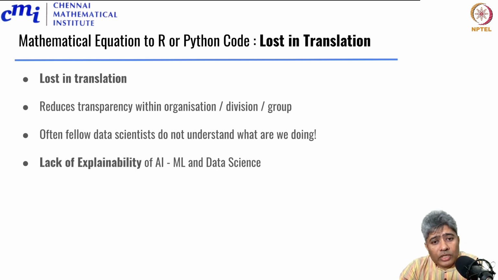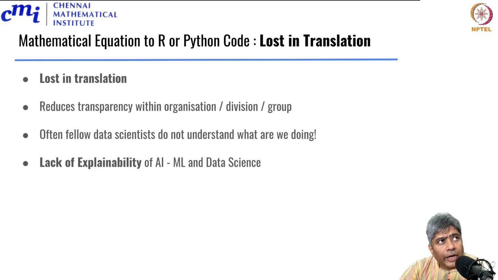Similarly, if you receive code from your friend, you will not be able to understand many lines of what she or he did. It takes a lot of time to understand exactly what is going on, and that contributes to something called lack of explainability in AI/ML and data science.